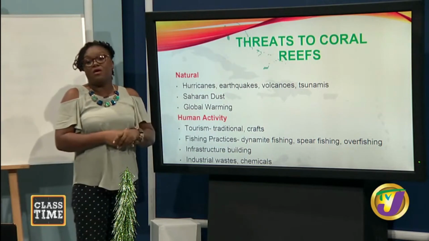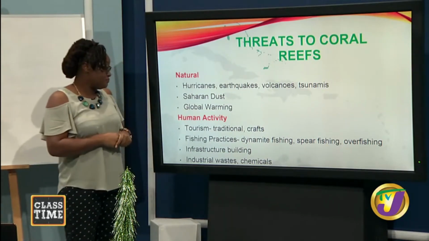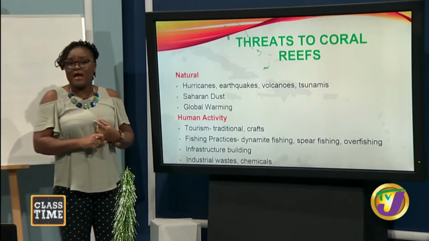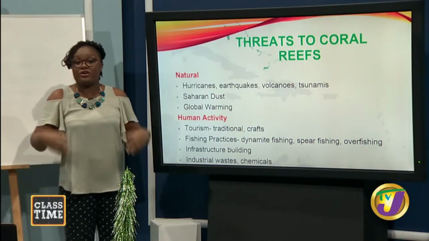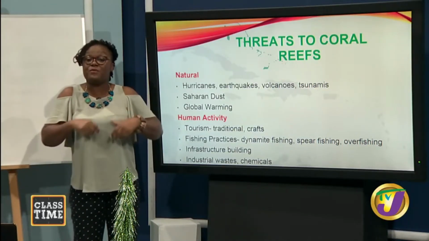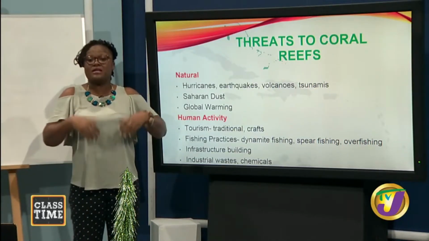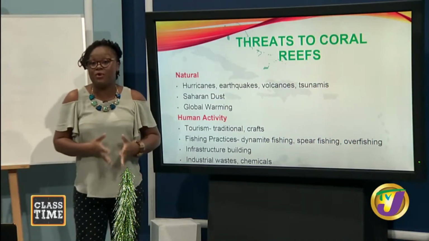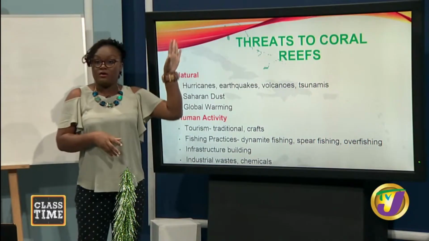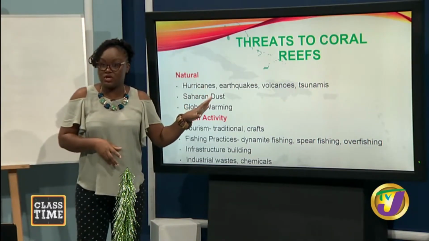And global warming also does that. Human activity though, tourism. All right, so we depend a lot on our traditional type of tourism, the sun and the sand and that kind of thing, and people come to the Caribbean for that. And tourism is a huge selling point for most Caribbean countries. And so we have over-tourism, if there is such a word.